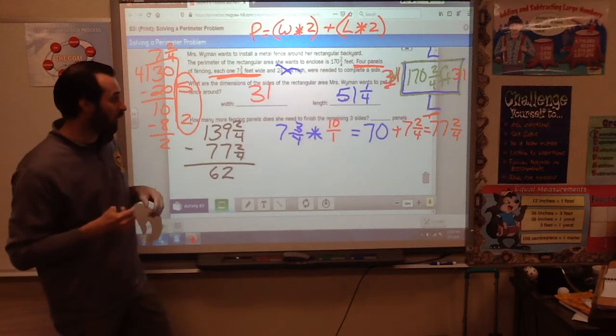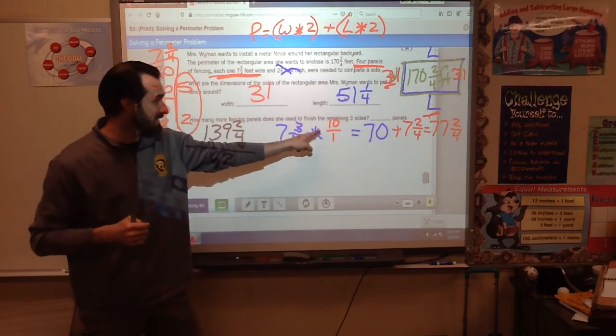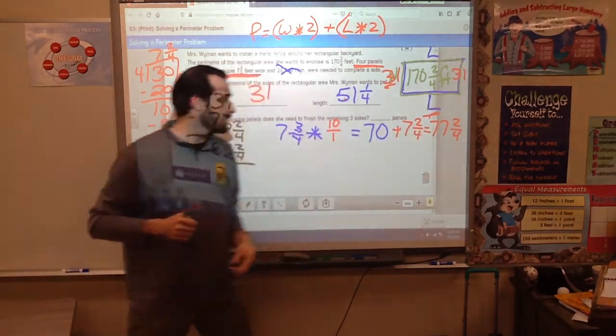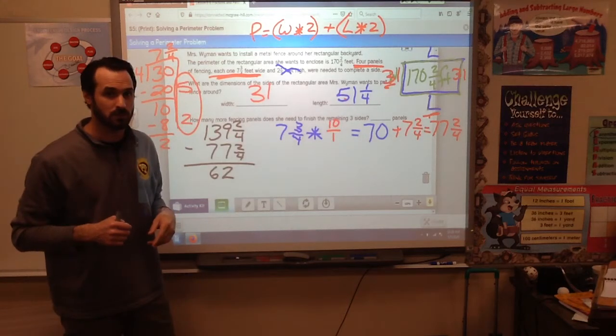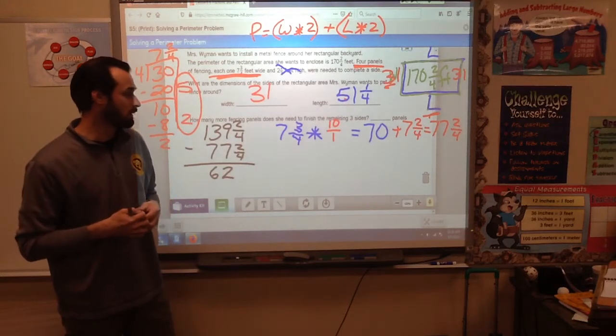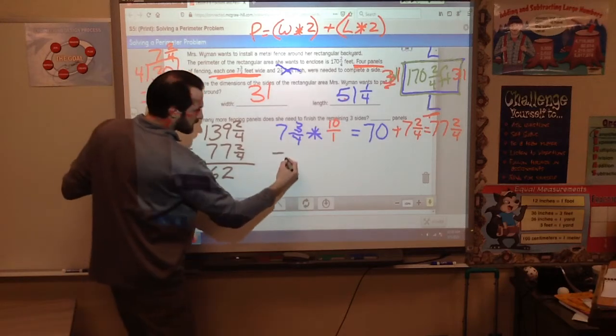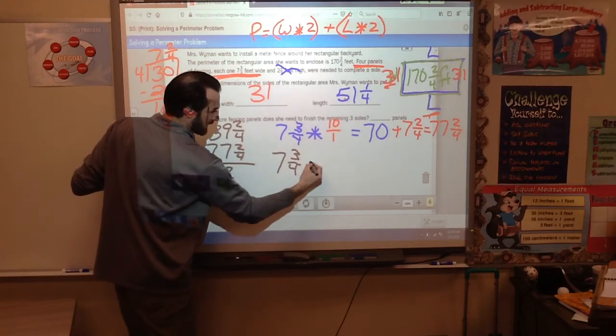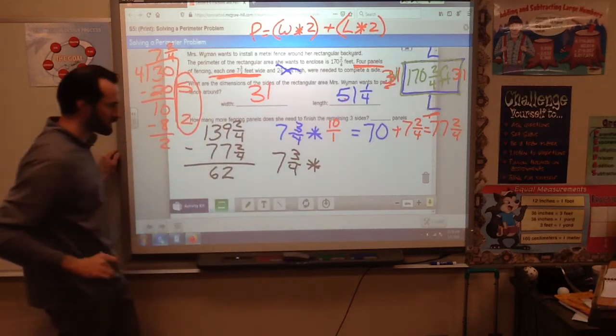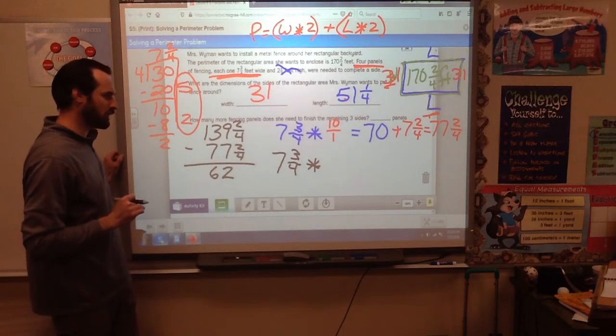Now here's what we know. If I multiply it by 10, I'm going to get 77 and 2/4. That's too much. But what I can do is kind of estimate here. I know it's going to be 7 and 3/4, and I'm going to just think about what can get me close to 62 if I multiply that.